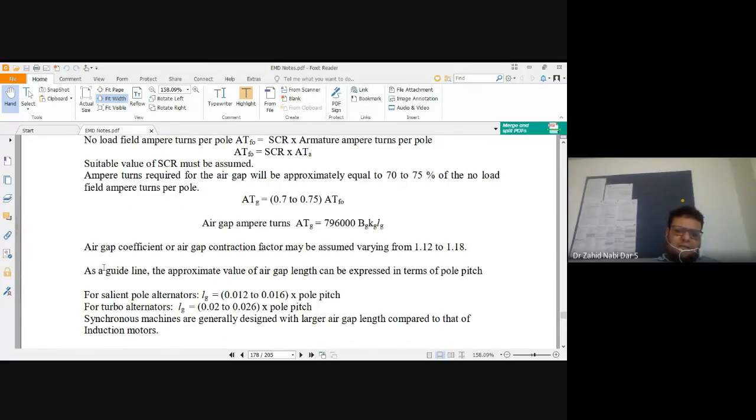Essentially, the air gap contraction factor may be assumed varying from 1.12 to 1.18. Now, for the empirical formula, over the years engineers and scientists have been designing the machine for a particular range and rating, so they have statistical data available with them.